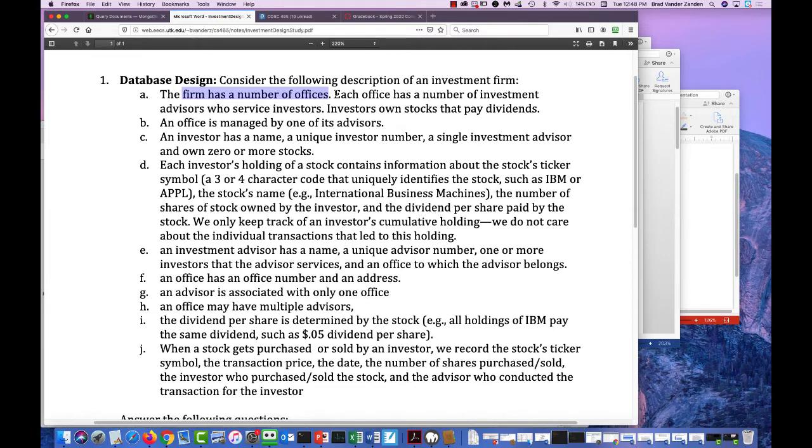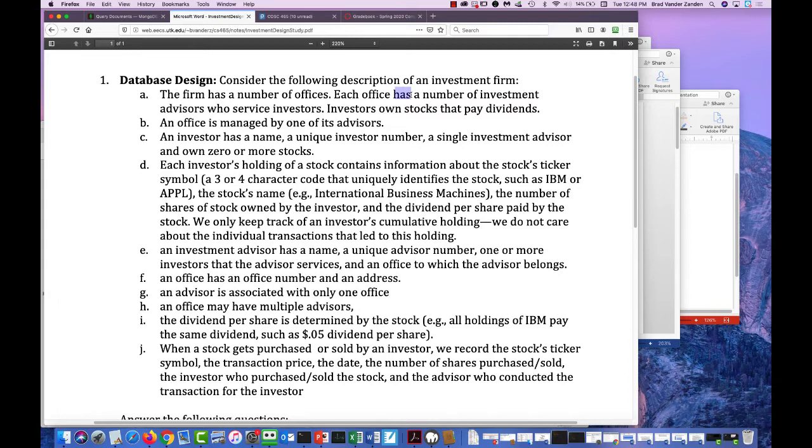And then we see that each office has a number of investment advisors. Well, advisors sounds like it could also be an entity. It's a noun. And has is a crummy verb, but nonetheless it is a verb. It looks like that might be defining a relationship between offices and advisors.